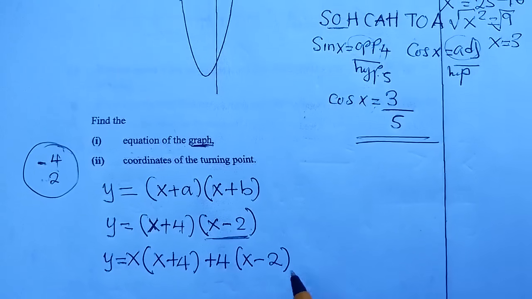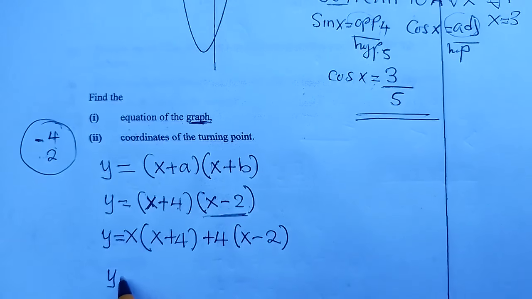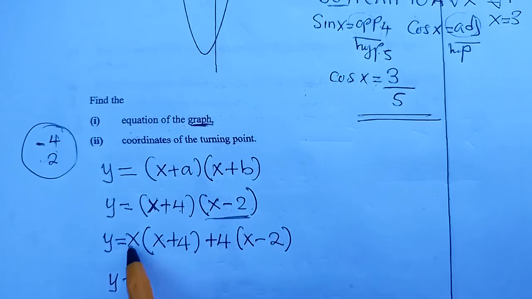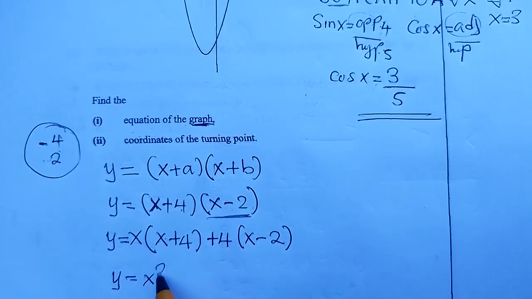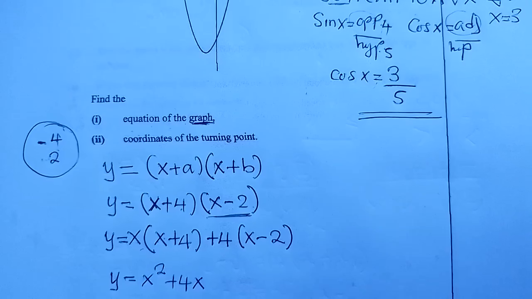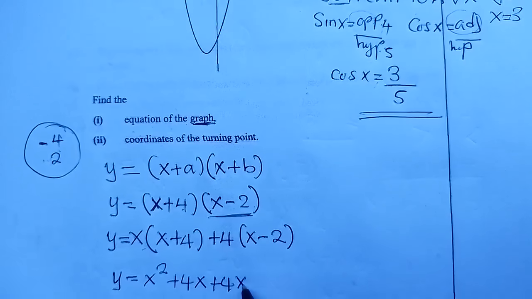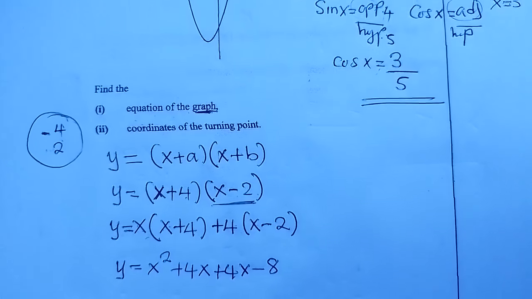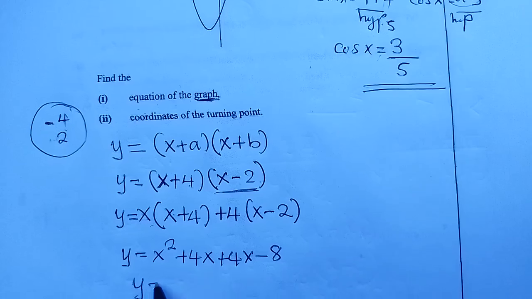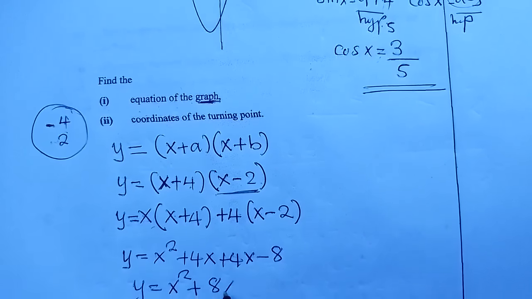Then I say y is equal to x squared plus 4x, then this and that, plus 4x minus 8, which is equal to x squared plus 8x minus 8.